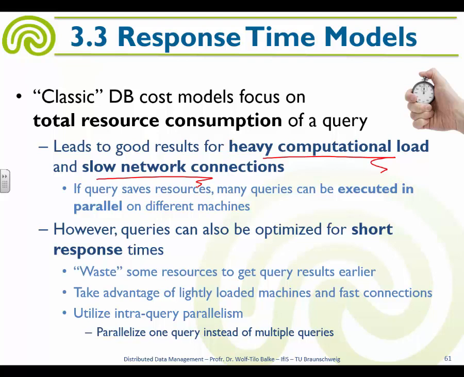Of course, throughput is not always what you are interested in, but very often you are interested in the response time. Think about the Amazon scenario, right? Rather build more infrastructure than letting people wait until they can do something in their shopping cart.